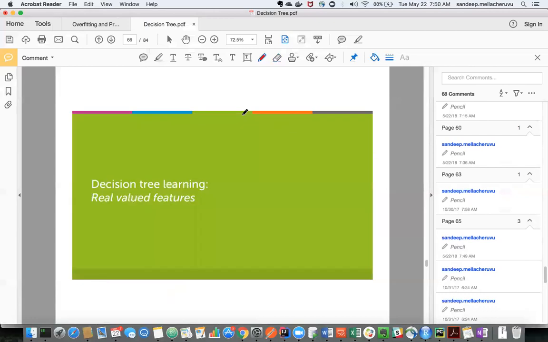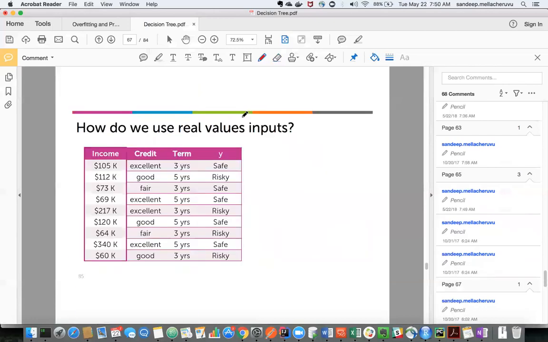In those cases, how to split the data or split the tree? For example, instead of income as high, low, medium, what if income is a real value: 105K, 112K, 73K, 90K, whatever it is. How do we use these real values?